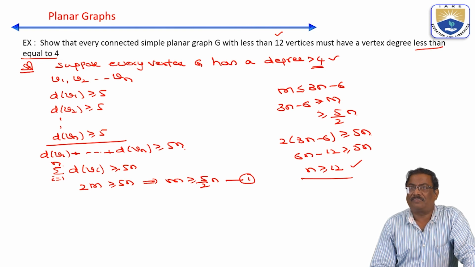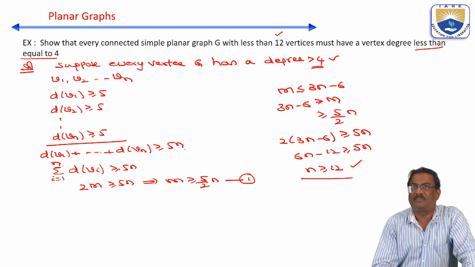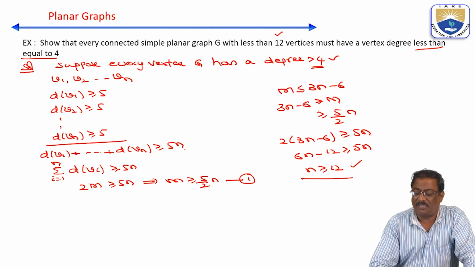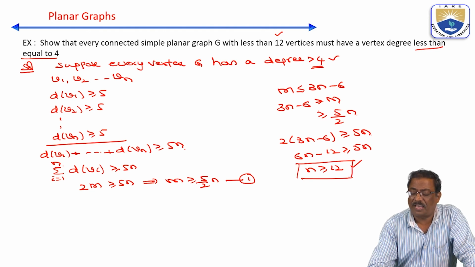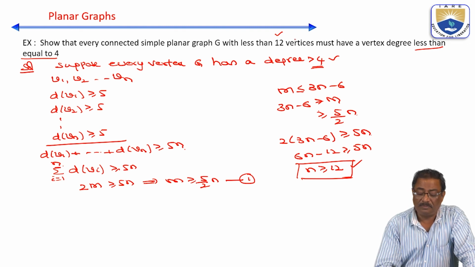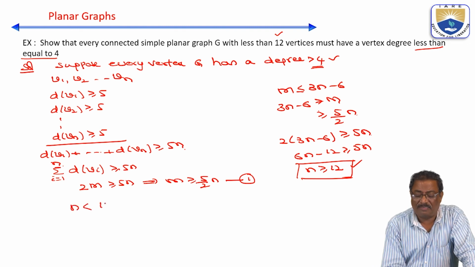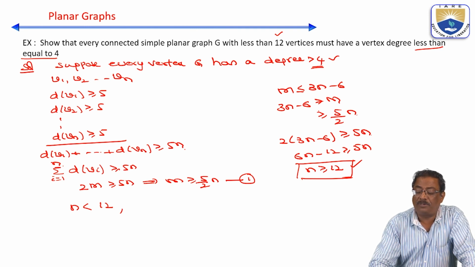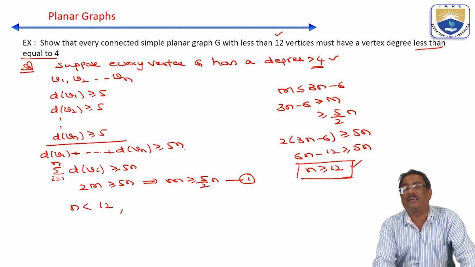From this we can say that the complement of this, that means we consider a graph having number of vertices less than 12. If each and every vertex degree is greater than 4, the number of vertices is greater than or equal to 12.